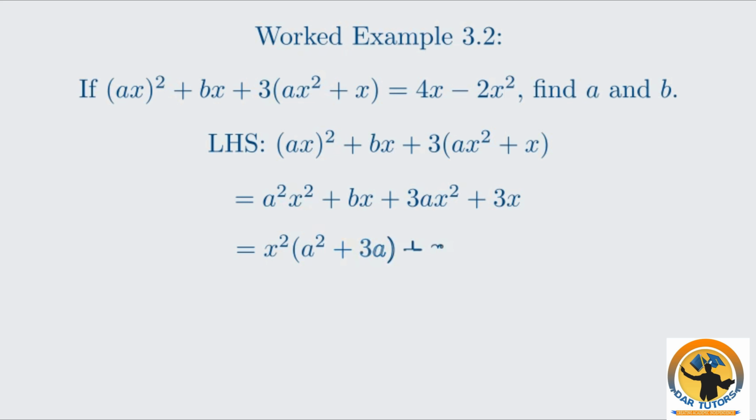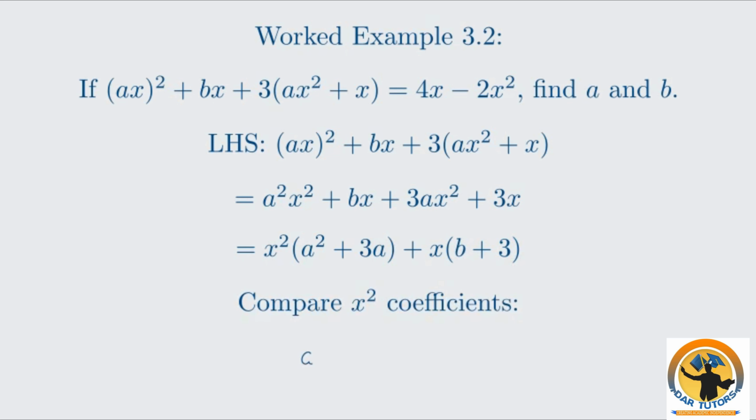So the left side is x squared times a squared plus 3a plus x times b plus 3. Now we compare this to the right-hand side, which is negative 2x squared plus 4x.